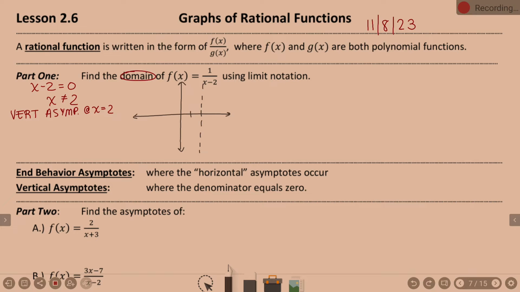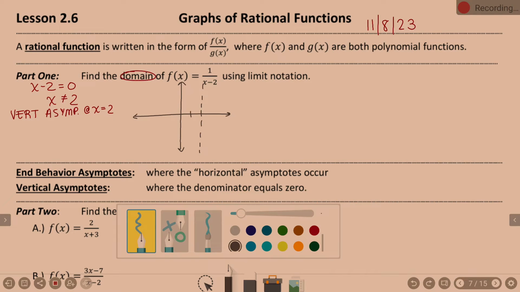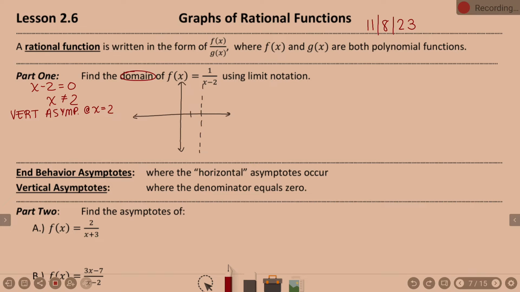But there's a curve up in quadrant 1 and a curve down. Oh, wait, that's my quadrant 1, isn't it? Your quadrant 1's over here? Yeah. So curve up in quadrant 1 and curve down in quadrant 3, diagonal quadrants. Now, the fact that there's an asymptote at x equals 2, while we were discussing here, I drew a set of xy axes.